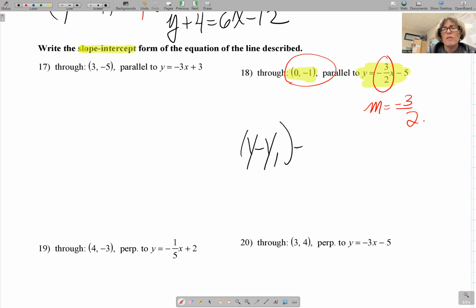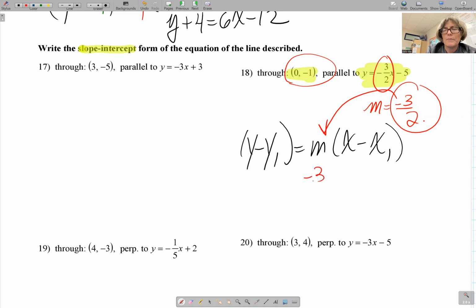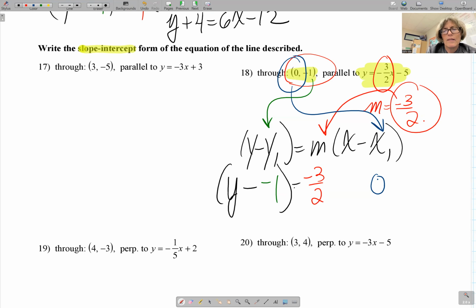Y minus y1, slope x minus x1. You plug in your equations. -3/2 goes right here. 0 is our x1. It's going to go right there. -1 goes here. Bring down the equation around. And then you isolate y so that you end up with y equals mx plus b.